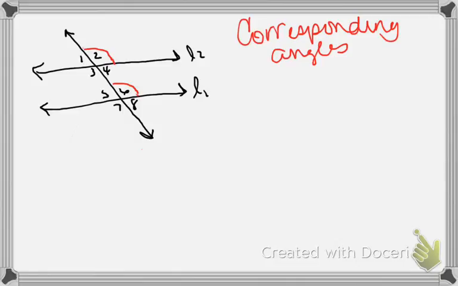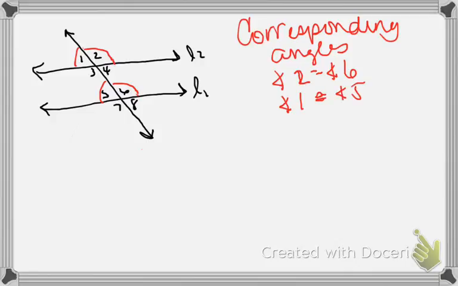So these are corresponding. Angle 2 and angle 6 are equal. They're the same thing. So one's 30, the other one's 30. Let's look at another corresponding pair. Another would be 1 and 5. Angle 1 is congruent to angle 5.